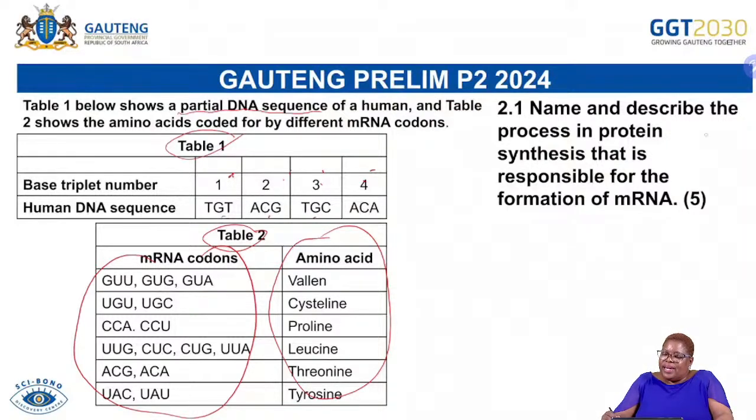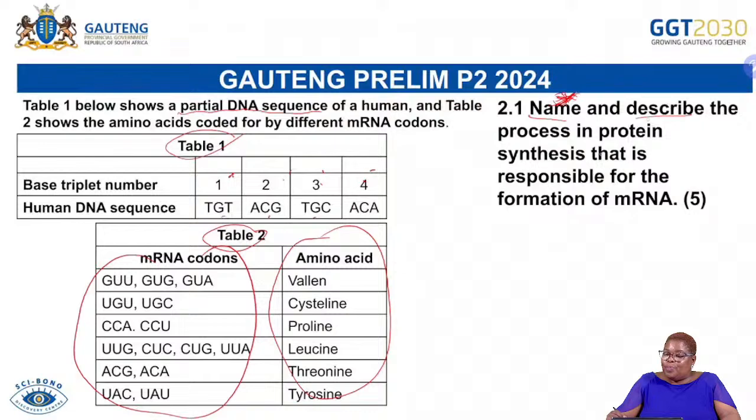Name and describe the process in protein synthesis that is responsible for formation of mRNA. Yes, we know that immediately when the question says name and describe, it means the name is going to be compulsory. You need to name that. So name the process. The process is what? Transcription.